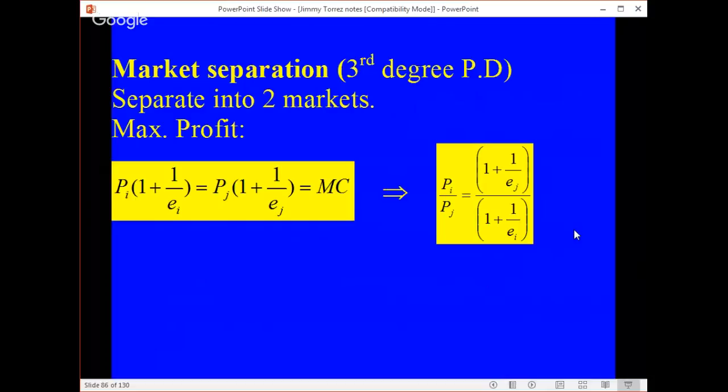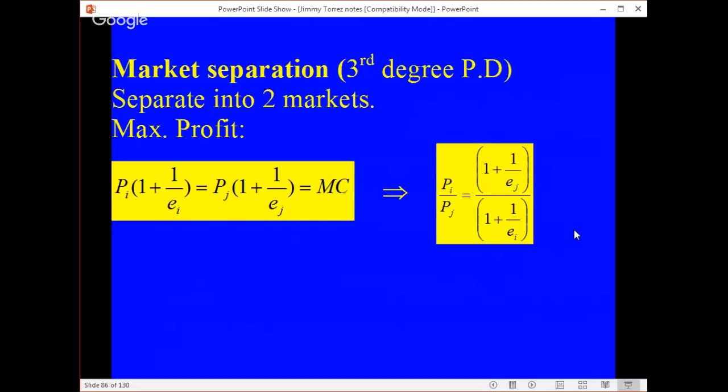So if I have two groups, I can do that for each group. In practice, these guys will have one marginal revenue, and these guys will have another marginal revenue. I set each one equal to the marginal cost, and I let their demand curve determine the price for each group.